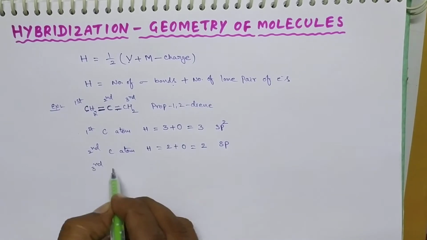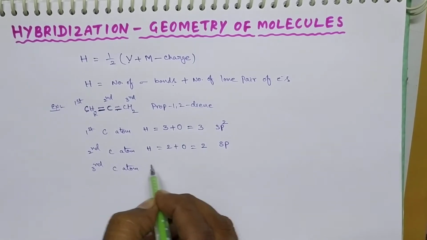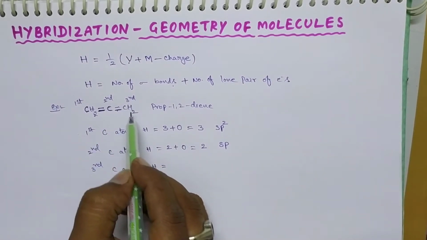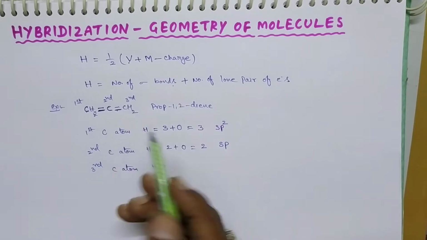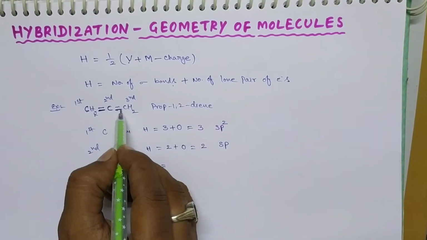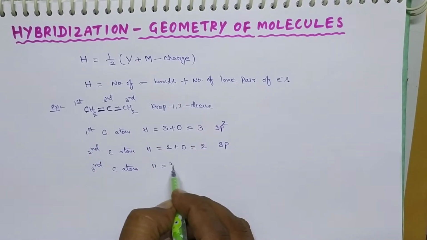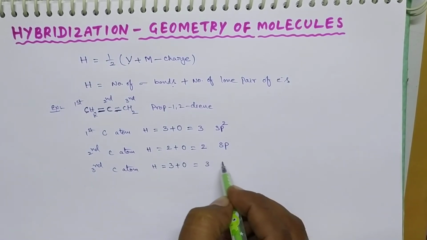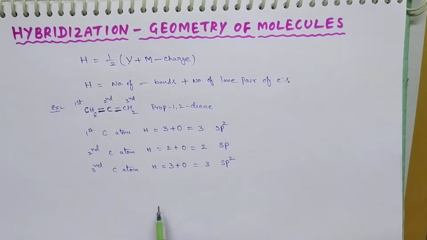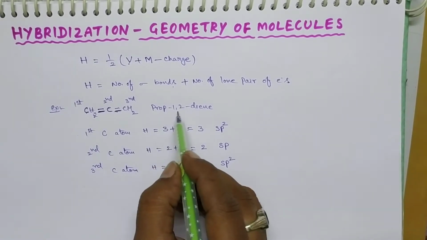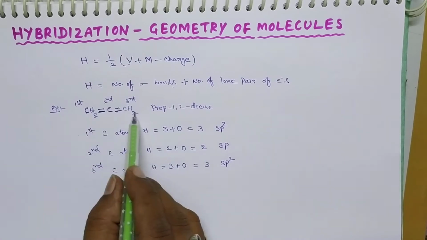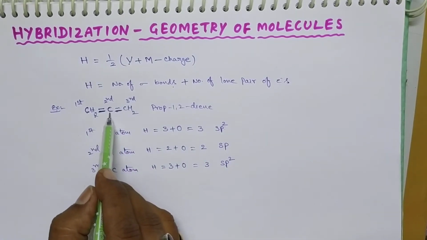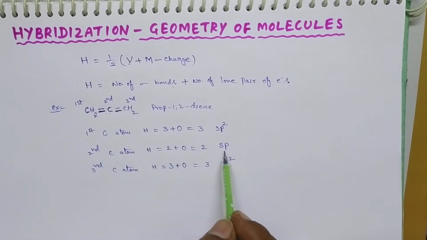And for the third carbon atom, here also there are 2 sigma bonds with 2 hydrogen atoms and 1 sigma bond with 1 carbon. So there are 3 sigma bonds in total and 0 lone pairs, so it is also sp2 hybridization. So in prop-1,2-diene the terminal carbons undergo sp2 hybridization, whereas the central carbon undergoes sp hybridization.